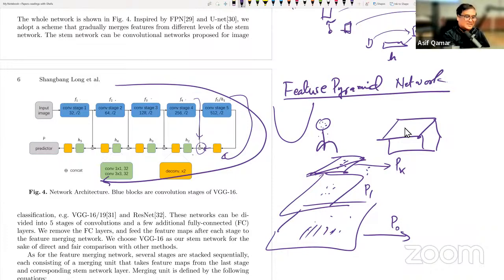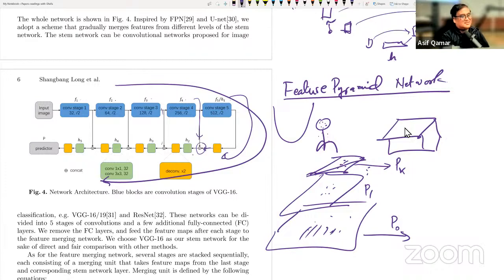Then once again, you bring these two together. So add it up, deconvolve, add the next signal, deconvolve, add the next signal, and so on and so forth, and finally make the prediction, right? So you're basically putting UNet together with the notions of feature pyramid map, right? Feature pyramid network. That's all it is.